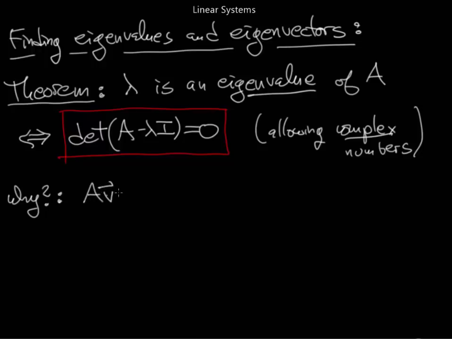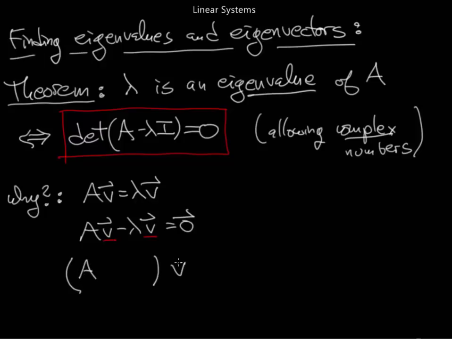So why is this true? I'm trying to find a vector v such that Av is equal to lambda v. And I don't know what lambda is, but never mind that. If I had such a vector, that would be the same thing as saying Av minus lambda v is equal to 0. Now I have v on the right-hand side, so I can factor it out.